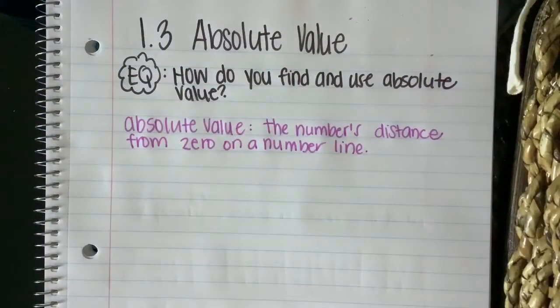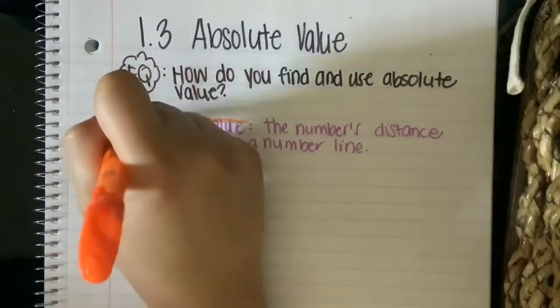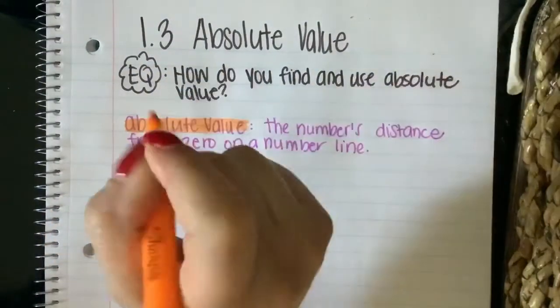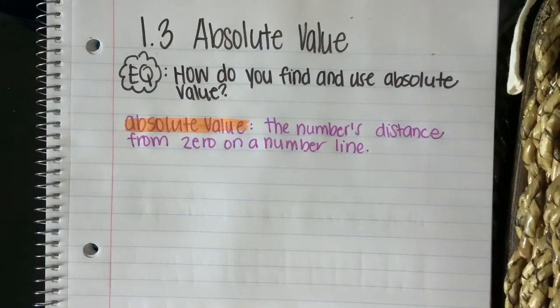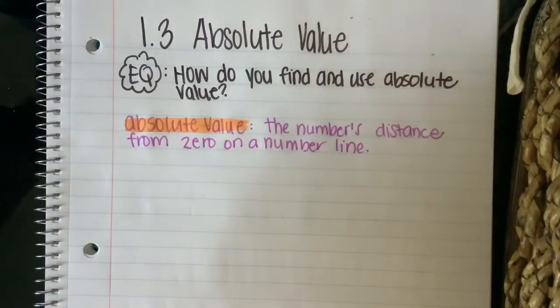And that is going to be an important vocabulary word, so go ahead and highlight that one. Absolute value. So here is your first example.